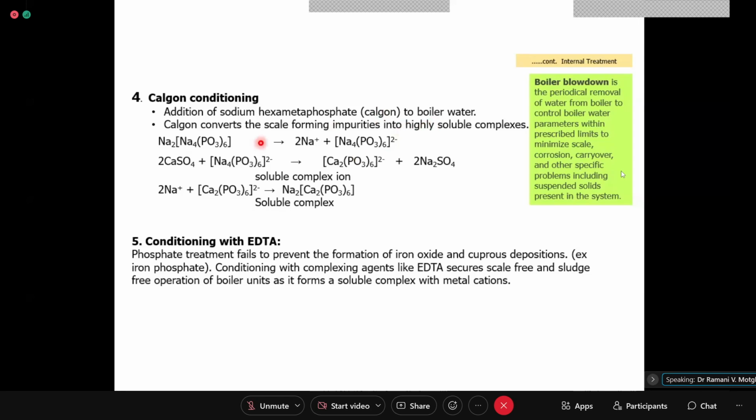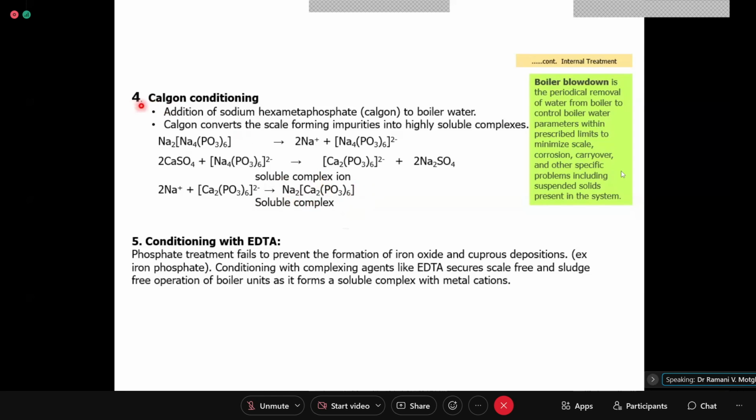Now this forms a water soluble complex with calcium, and you get formation of Na2SO4. So all the calcium present in water will react with this, forming a soluble complex of Na2[Ca2(PO3)6], and that is how it is not precipitating out.